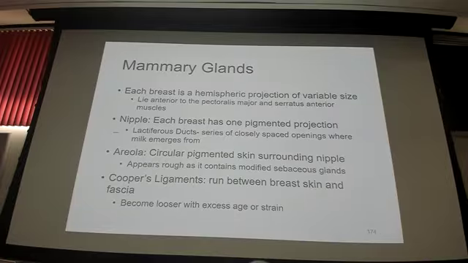Understand that. The nipple, we know what that is. The nipple contains the lactiferous ducts for milk expression. The areola is the circle around the nipple that has sebaceous glands. Alright? Those can also get inflamed and infected, especially if the woman is breastfeeding. And then Cooper's ligaments, you might hear called the suspensory ligaments of the breast. Alright, so that's the eponymous term, but usually you will hear them referred to as Cooper's ligament.